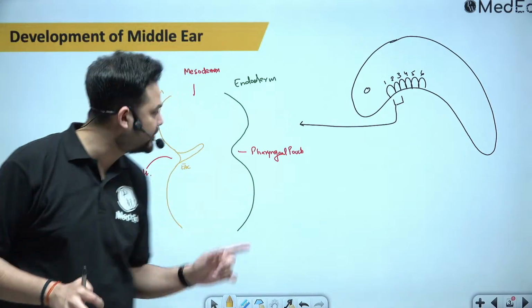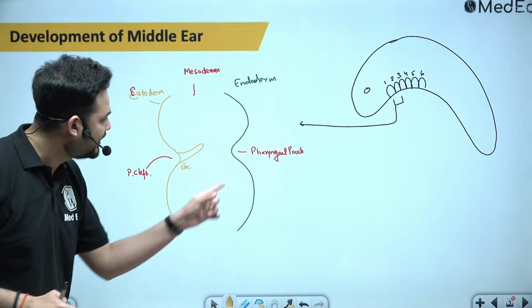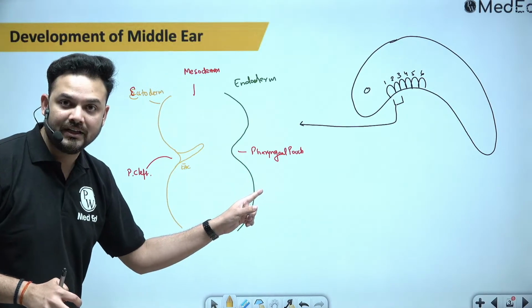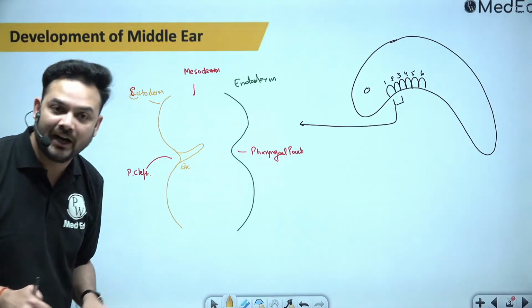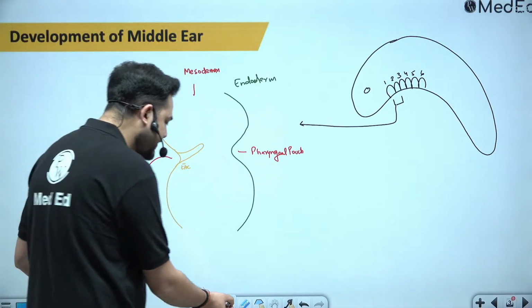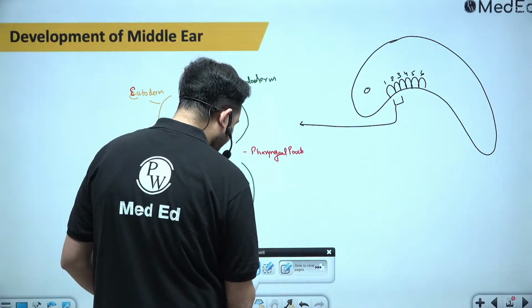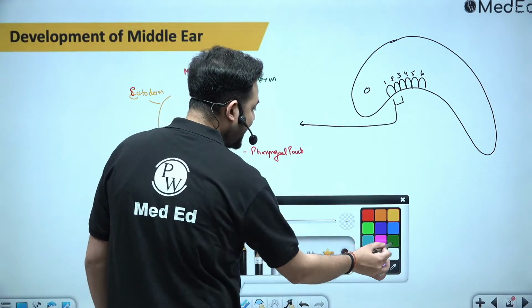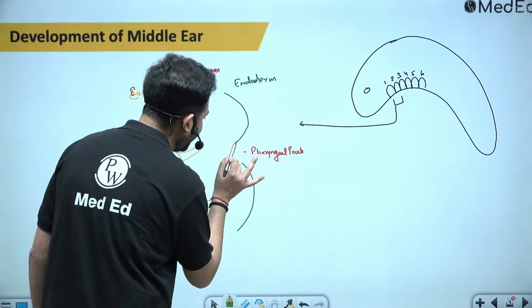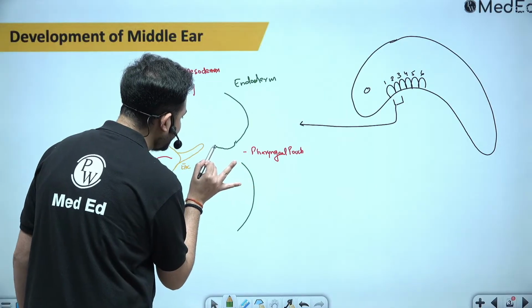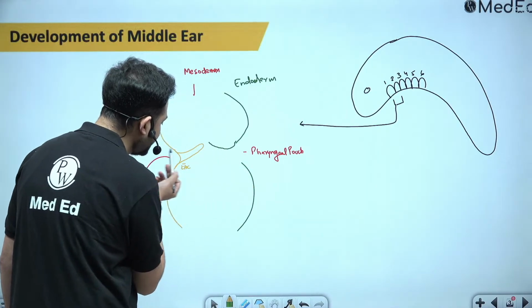Now what happens to this pharyngeal pouch? This is the first pharyngeal pouch, which is present between the first and the second arch. It starts to grow inwards towards the pharyngeal cleft. You are seeing it going towards the pharyngeal cleft.